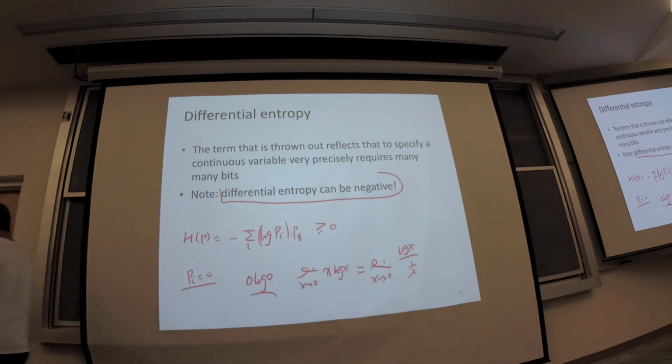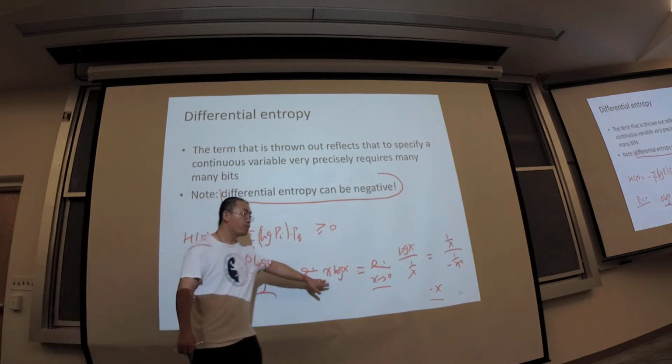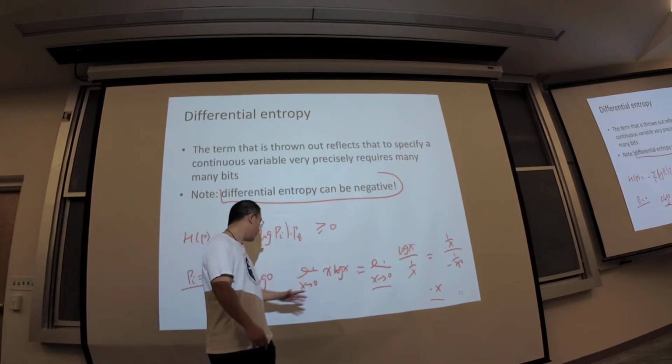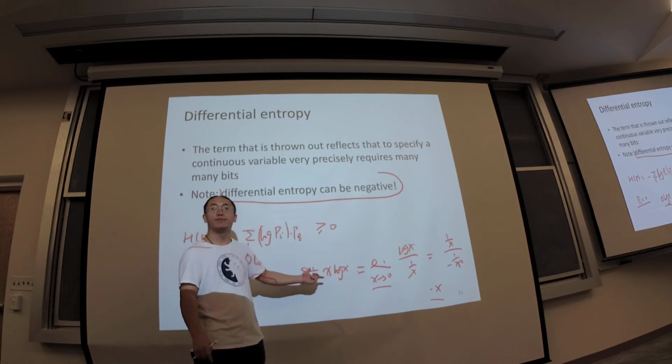The derivative of the numerator is 1 over x, and the derivative of the denominator is minus 1 over x squared, so it is minus x. When x approaches 0, this limit is 0. So clearly, this limit is 0. That's why we replace 0 log 0 with the limit.